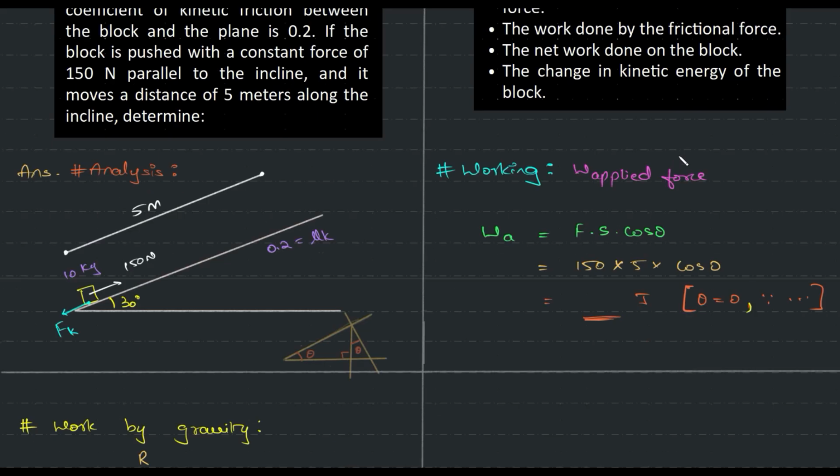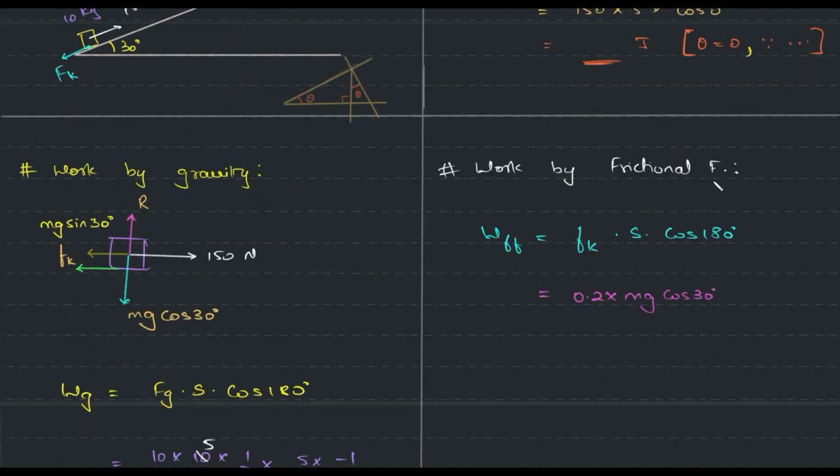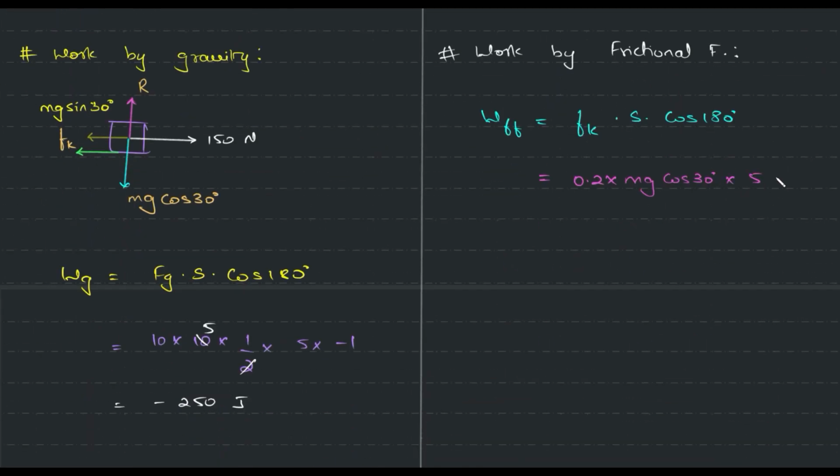Work done by the frictional force. So work by frictional force. Same thing again. Frictional force is equal to force of friction, Fk is what I have used over there, times S times cos of 180 degrees. So how much is this, guys? Mu k is 0.2. Normal force is mg cos 30 degrees. Displacement is 5 and minus 1.